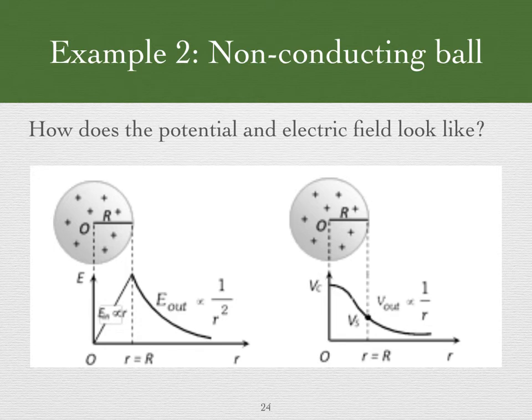To really understand what the field looks like in these two cases, it takes a bit of calculus, and we also need to understand the so-called Gaussian principle. So if you're interested in what's happening inside a non-conducting ball, you can find more resources online or talk to me.